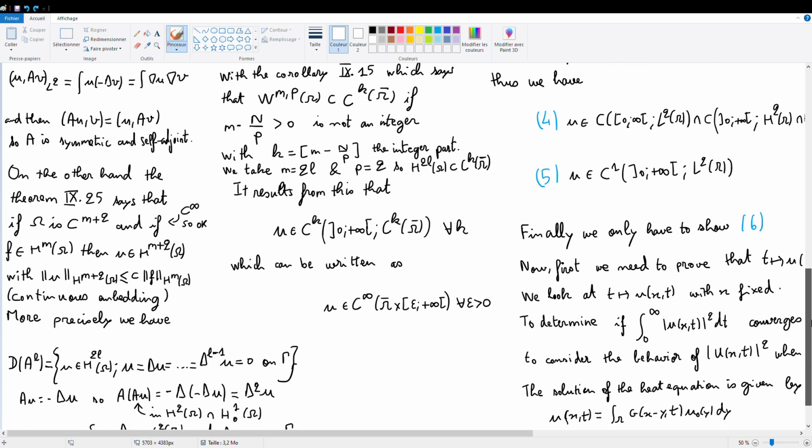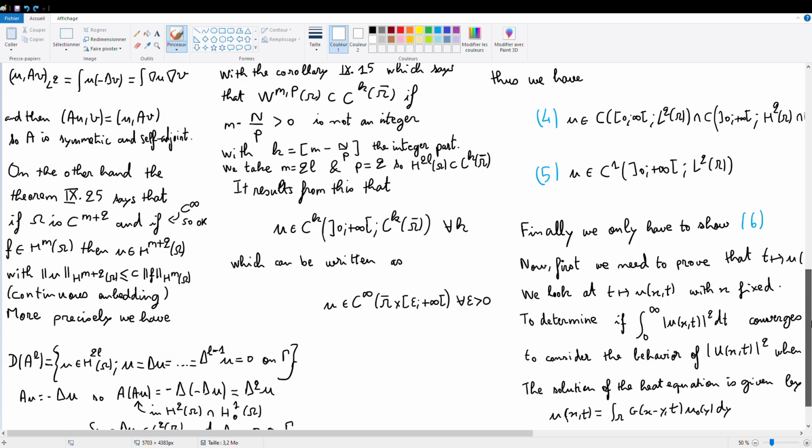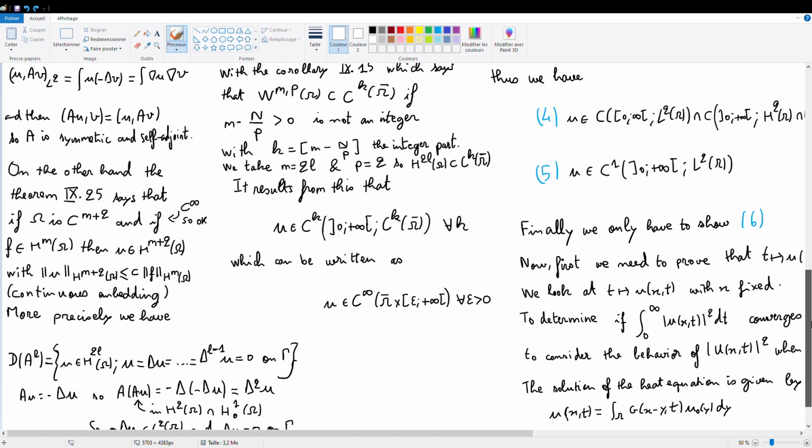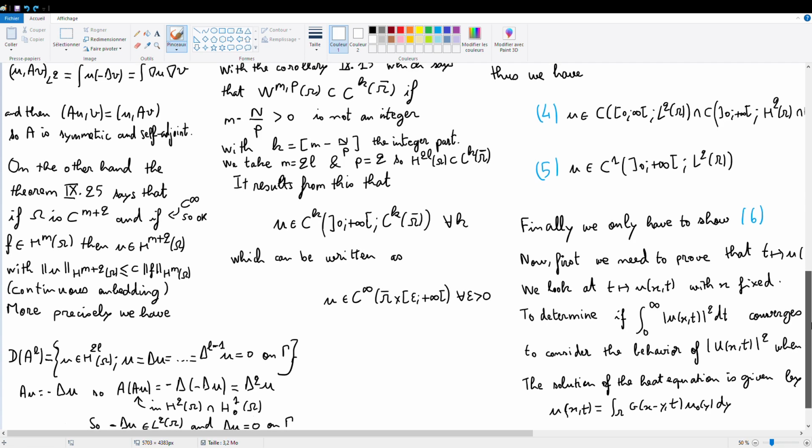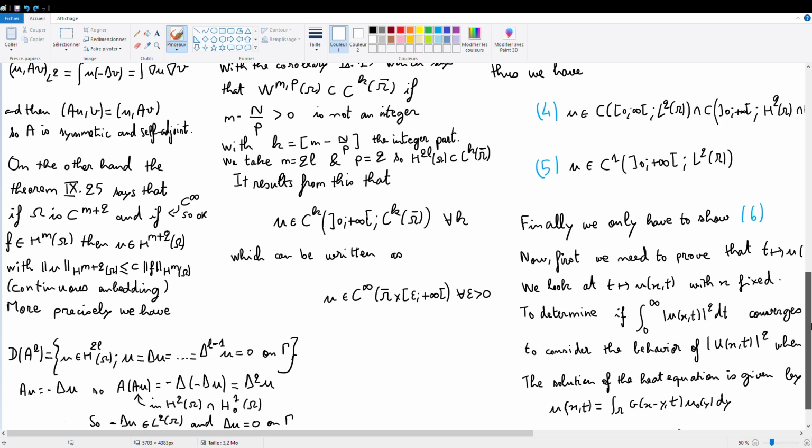On the other hand, theorem 9.25 says that if omega is C^(m+2), which in our case is okay because we are in C infinity by hypothesis, and if F is in H^m of omega, then U will be in H^(m+2) with continuous embedding.